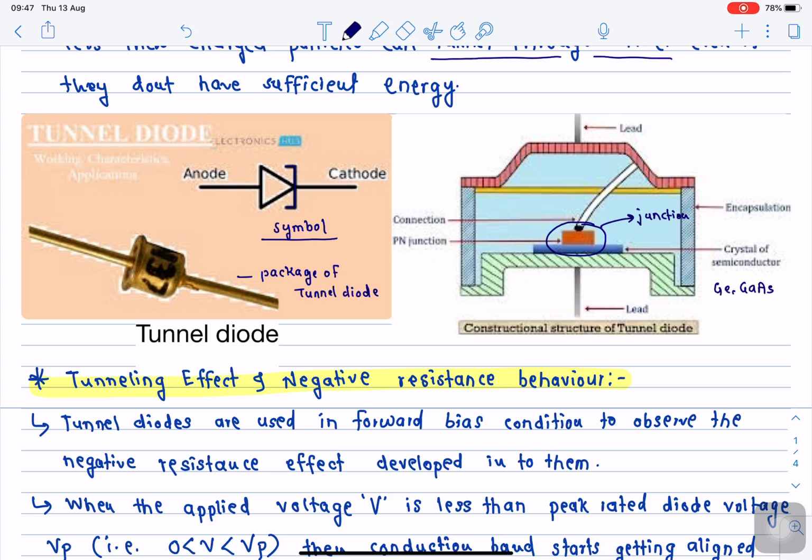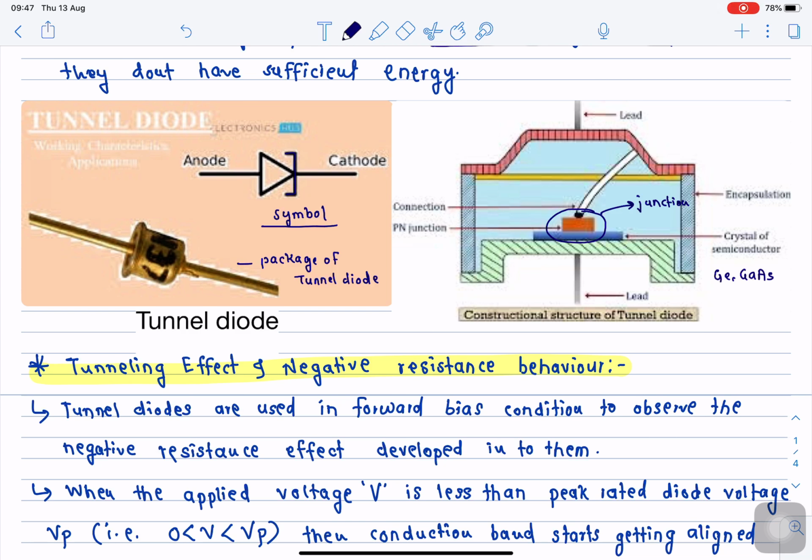And germanium and gallium arsenide possess this negative resistance effect, so that we will see in a short time. These semiconductors are heavily doped, so that whatever depletion region it will possess will be very small.